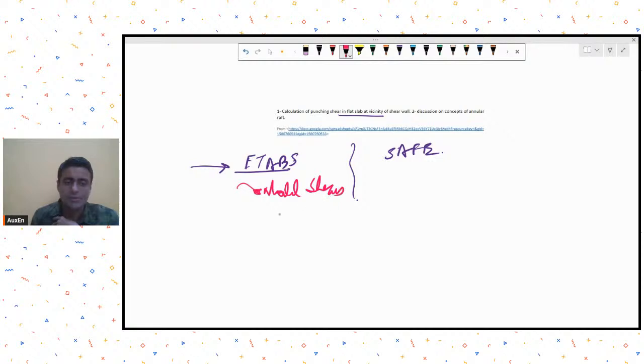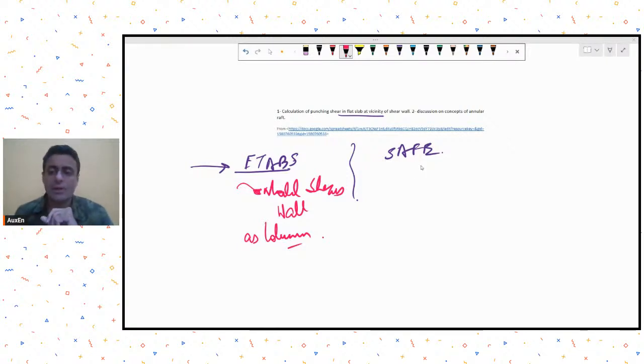That means instead of modeling walls as shell elements, you model shear walls as column using the line element approach, and then bring that model to SAFE. When you do this, you will see that SAFE will be able to calculate the punching shear quite well for you.